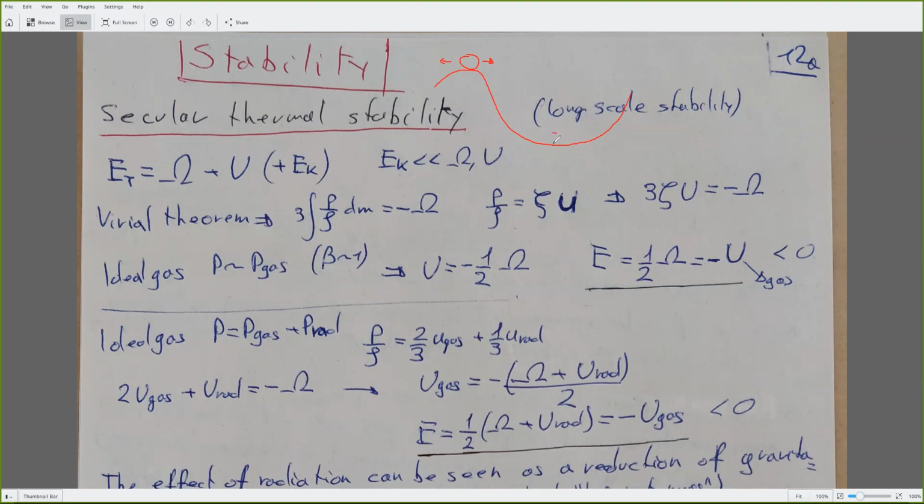The other is the typical ball in a valley that is stable, because a small change in one direction or the other, the ball will just go back to the original position. In this case, it will start to oscillate.